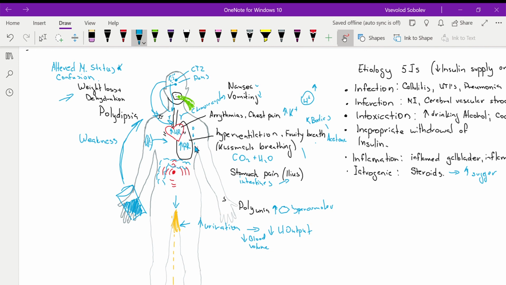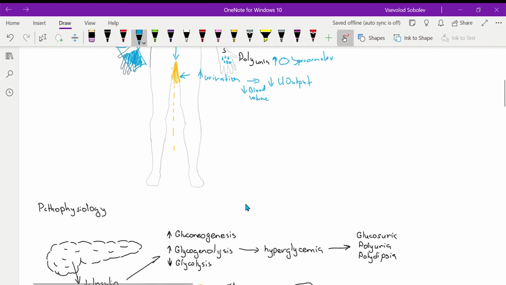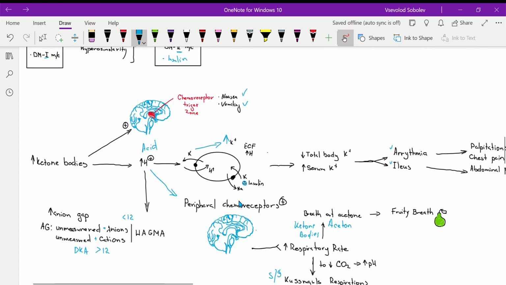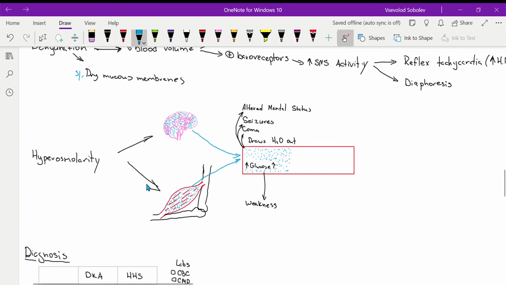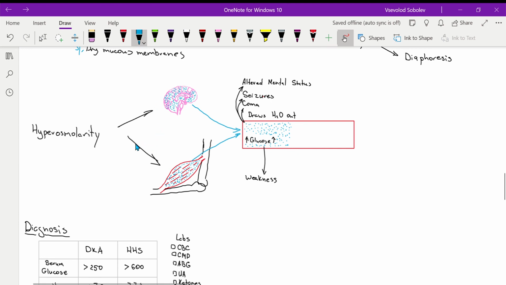Let's add this. Diaphoresis, and even maybe on the hands, some of the diaphoresis. Diaphoresis.